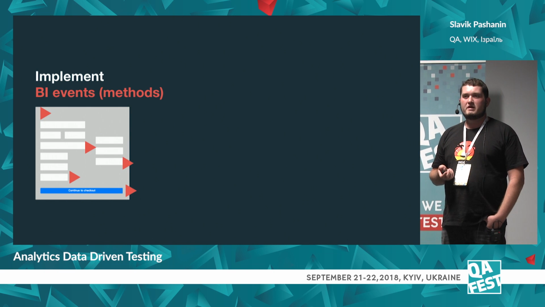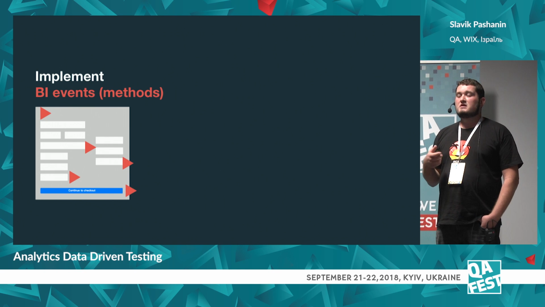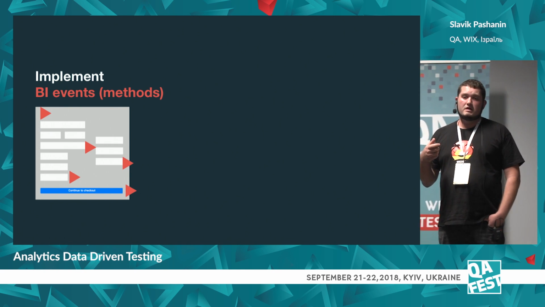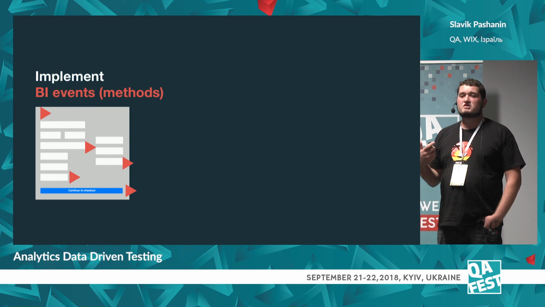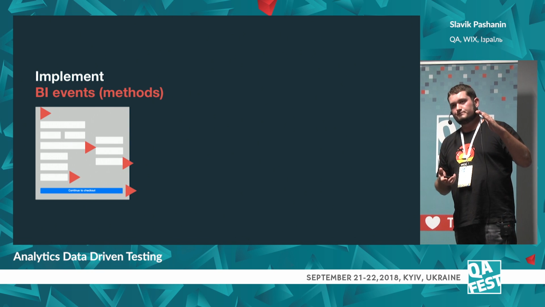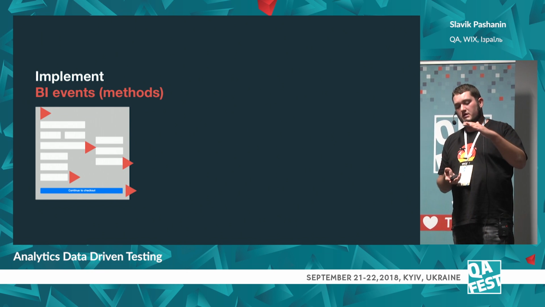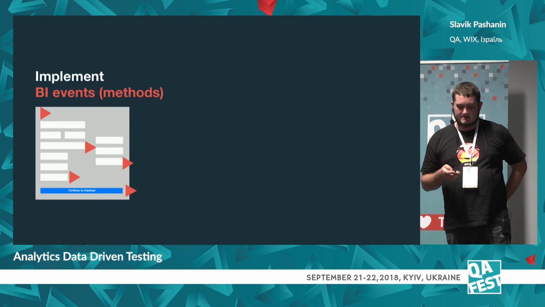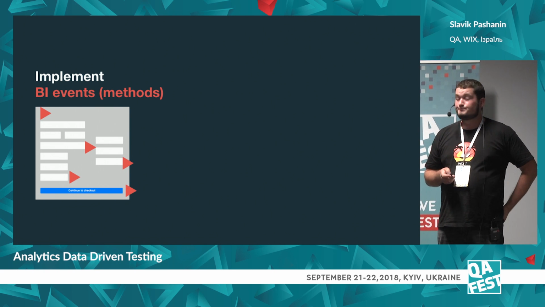In every user interaction with our app, it can be a field like we saw in the example, it can be a radio button. Every interaction with our users, we cover it with BI. BI is a chunk of code we put on this event, and this event is sent to the servers.